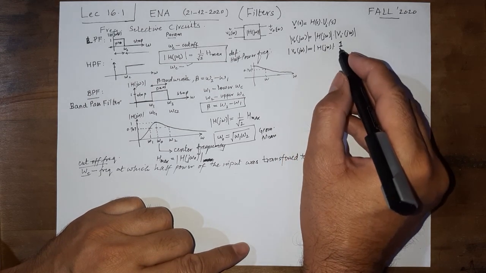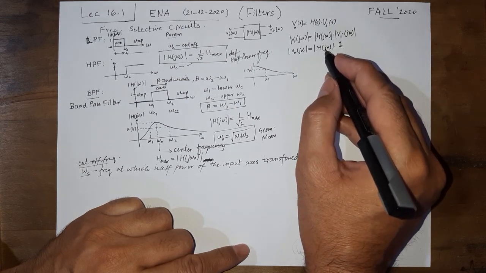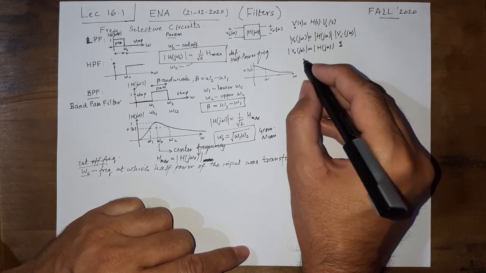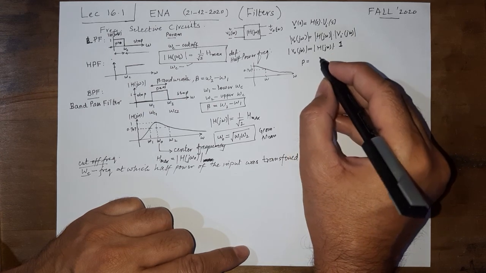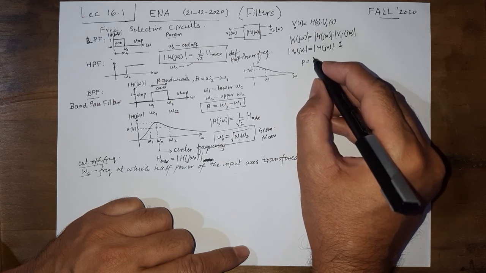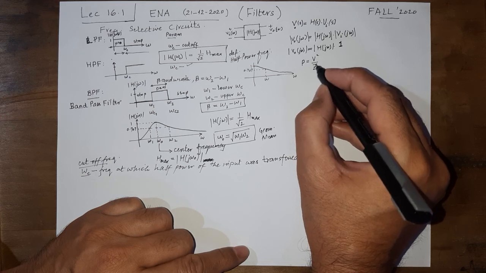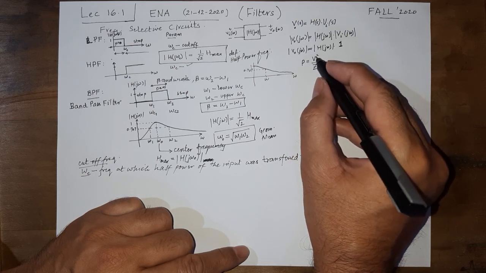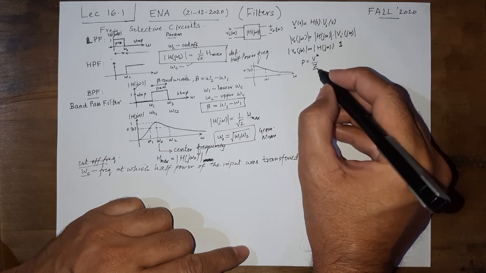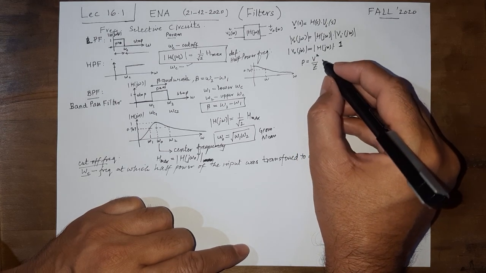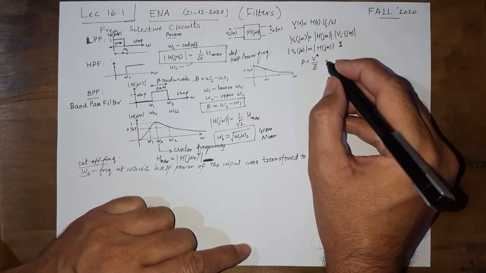So what value of omega corresponds to the half power point? For that, we should know that the power of a circuit is equal to the voltage squared divided by the impedance in the frequency domain. So the power is equal to voltage squared over impedance.